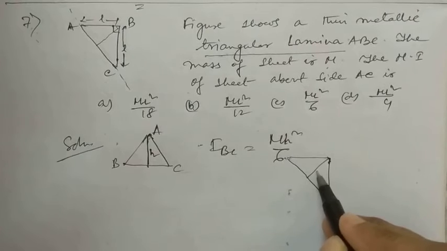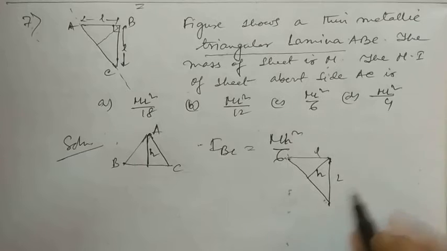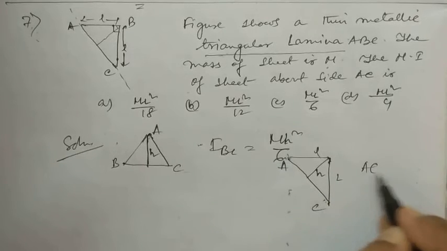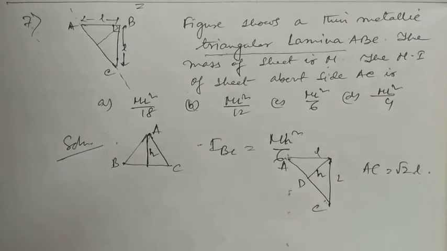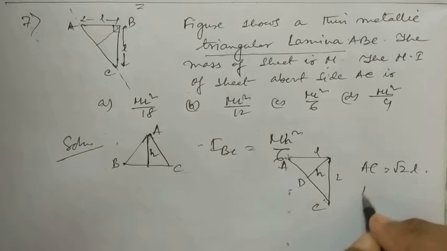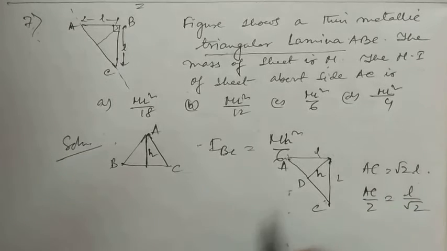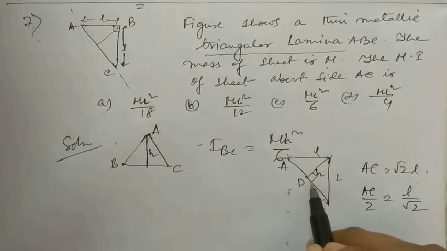So if this is the height h, this is L, this is L. By Pythagoras theorem, the length of AC is root 2 L. So if this is D, half of AC, AC by 2, is equal to L by root 2. Now if this is L by root 2 and this is L, this is also 90 degree.